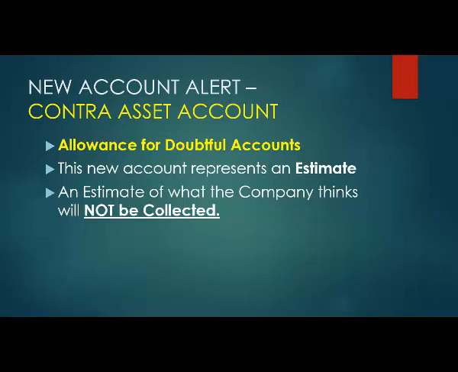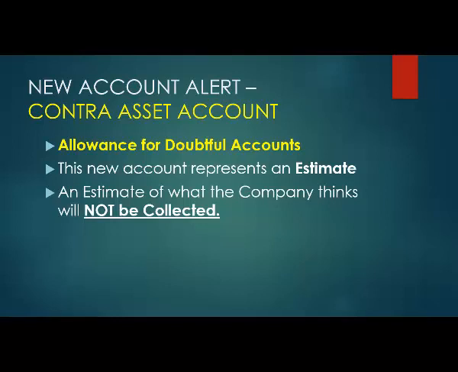The allowance method introduces us to a brand new account. This is an account title. I know it's long, Allowance for Doubtful Accounts. You can abbreviate it as ADA in your journal entries. Some textbooks call it Allowance for Bad Debts.